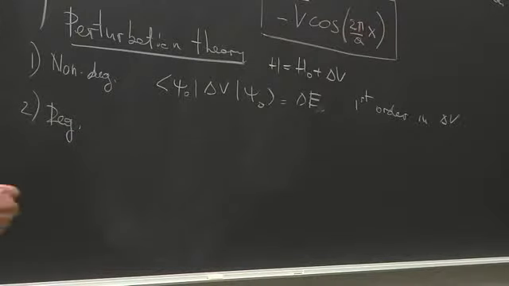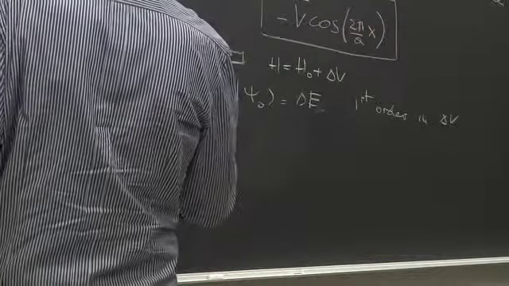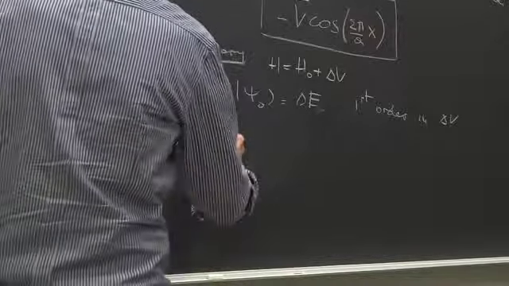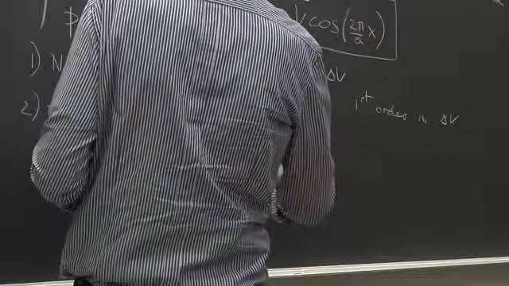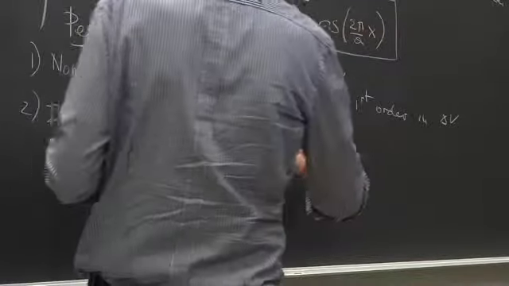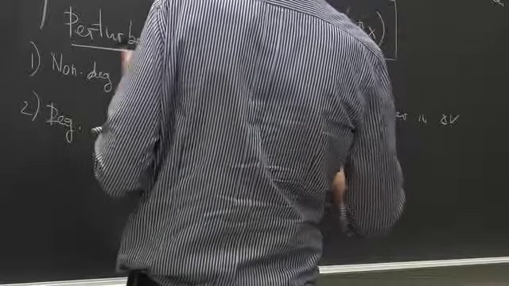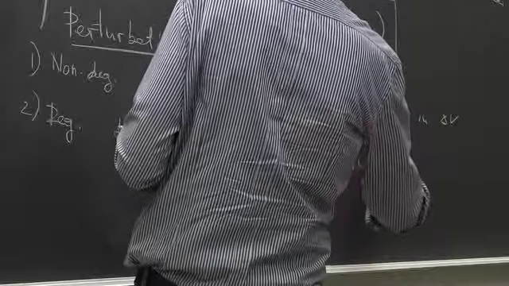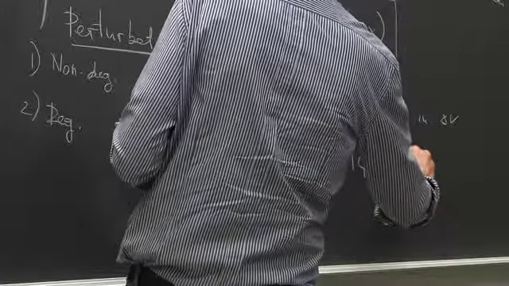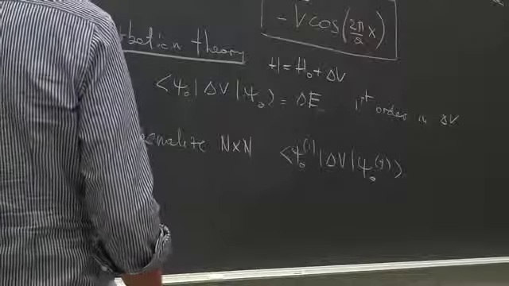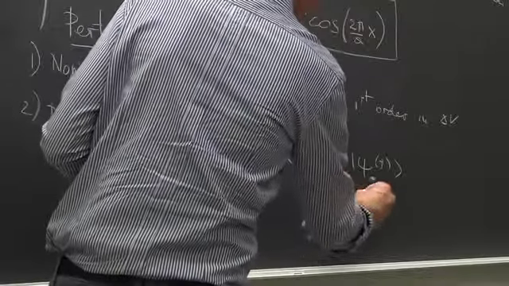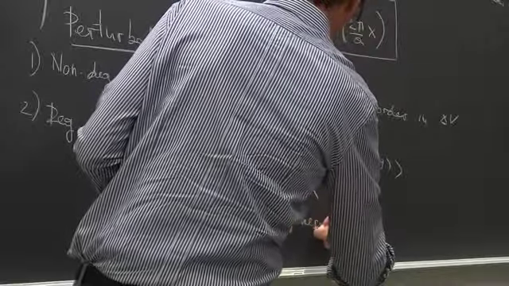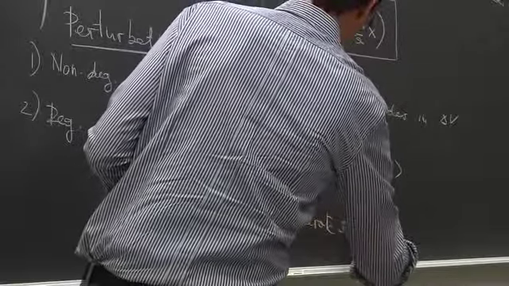Okay? So here you need to diagonalize an n by n matrix made of ψ0i, now I have to put an index, of course, delta V ψ0j, where these are degenerate states.